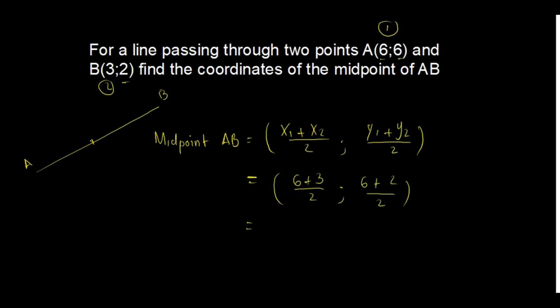So it's 6 plus 3 divided by 2. 6 plus 3 is 9 over 2, and then 6 plus 2 is 8 over 2. To simplify this further, we'll be left with 9 over 2 and 4. Therefore, the midpoint has the coordinates of 9 over 2 and 4.